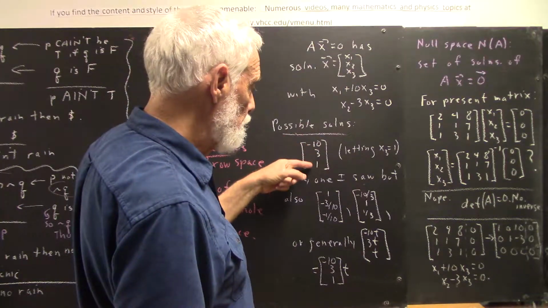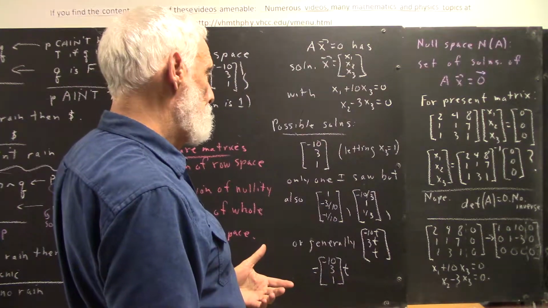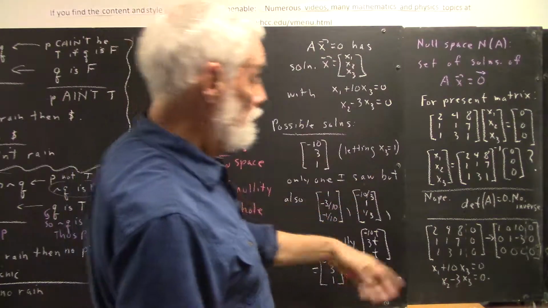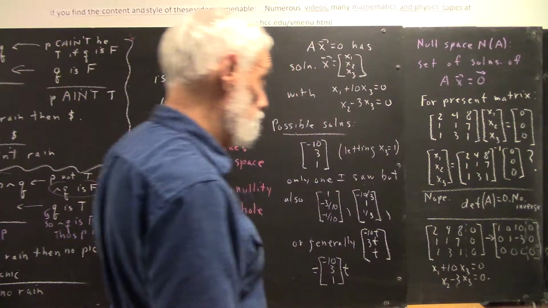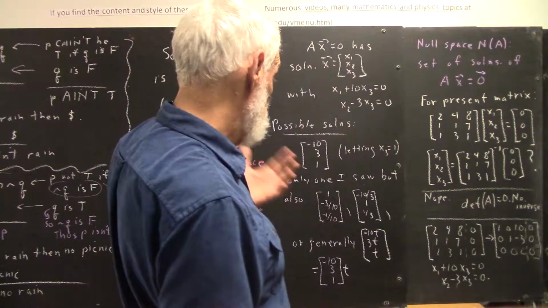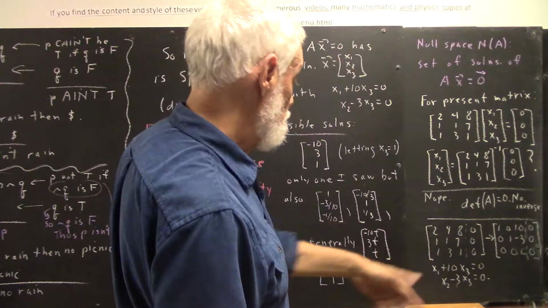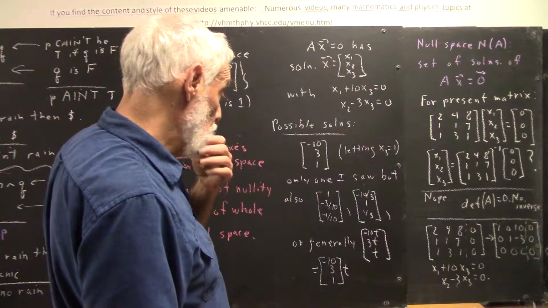We'd have the vector negative 10, 3, 1. Now that's the only one I saw when I asked people to tell me what the vectors would be for this solution. Everybody pretty much saw that. They said, okay, let x3 equal 1 and see what x1 and x2 are, and there's our vector. So people did quite well with that.